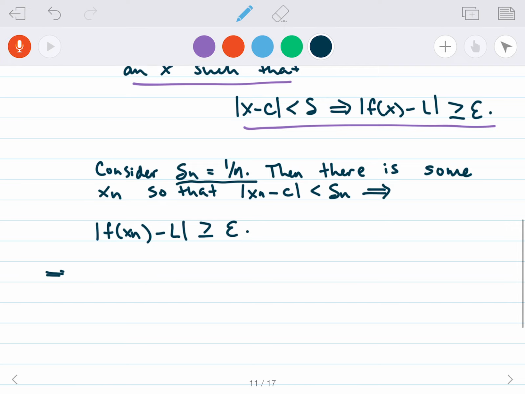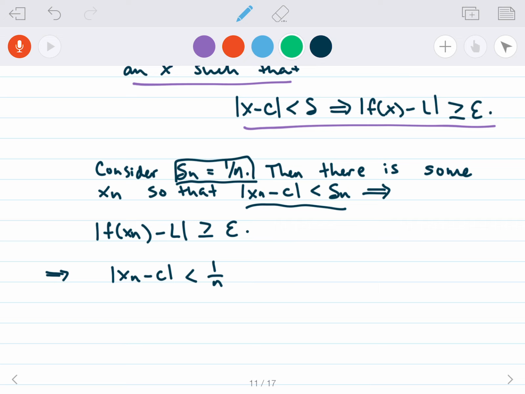And so we have xn minus c, just by definition of delta n, this is going to be less than 1 over n. And what does this mean?